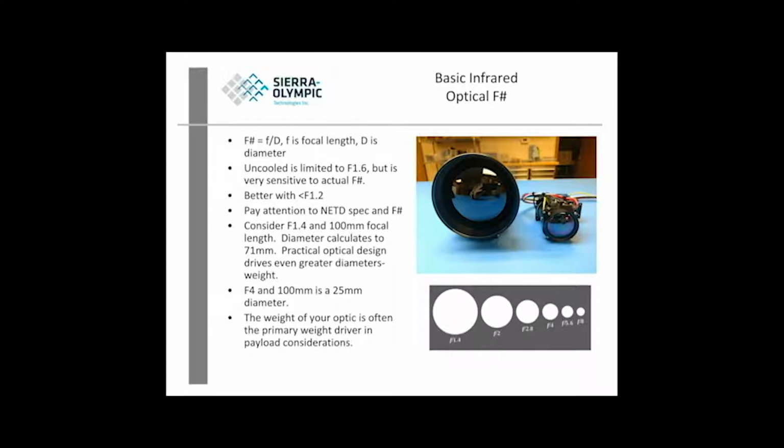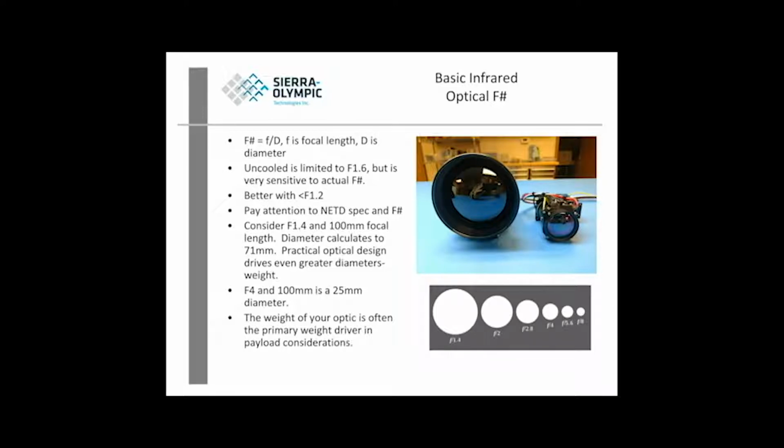So F number simply is focal length divided by the diameter. And another important issue you need to understand is that uncooled sensors require very low F numbers, or very large diameter optics, very simply put.